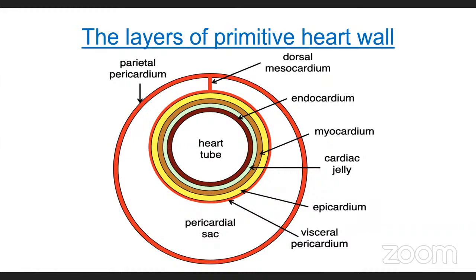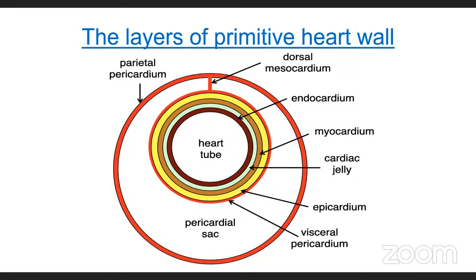If we zoom in into the heart tube, again, here is the pericardial cavity, and here is the dorsal pericardium. When we look at the heart tube, it's made up of a couple of layers. The innermost is the endocardium, which comes from the mesoderm that's specialized to angioblasts and gives endothelial cells, so it's forming the endothelium.